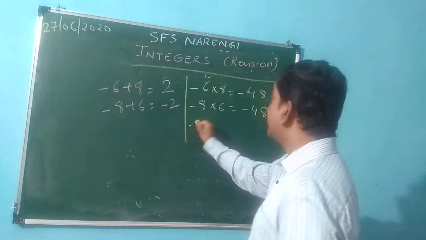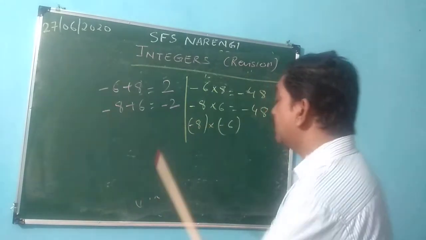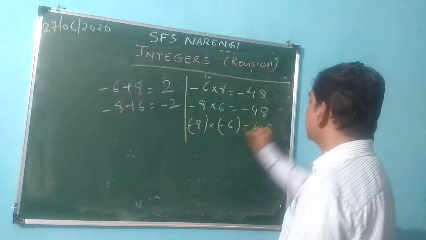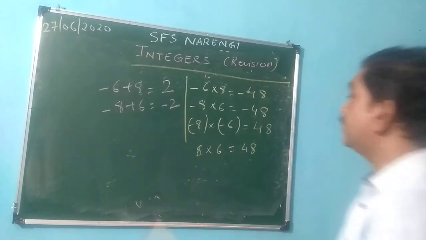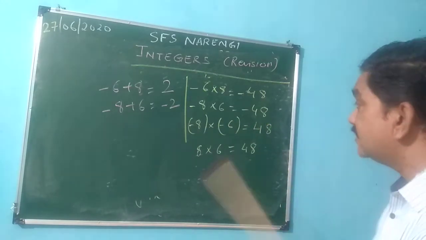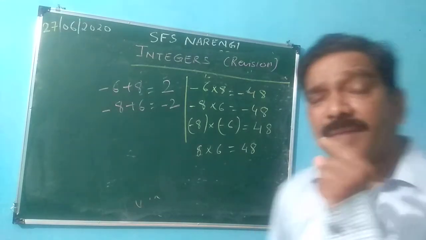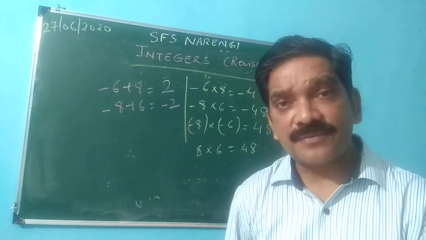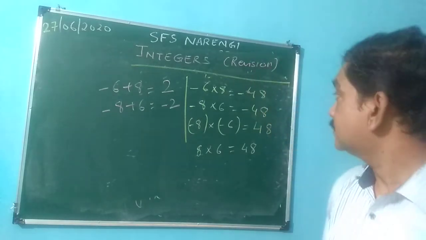Now if I do minus 8 into minus 6, it is 48. And 8 into 6 is 48, that I need not say, you know very well. So minus 8 into minus 6 is 48 and 8 into 6 is also 48. So these are the very fundamental rules, very basic things about the multiplication of a negative and a positive. Okay, you have to remember this.